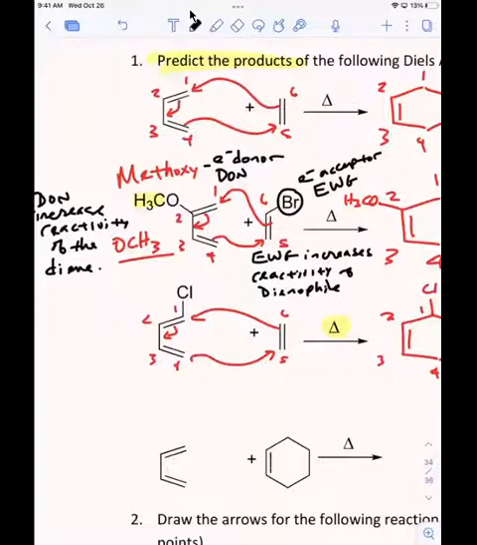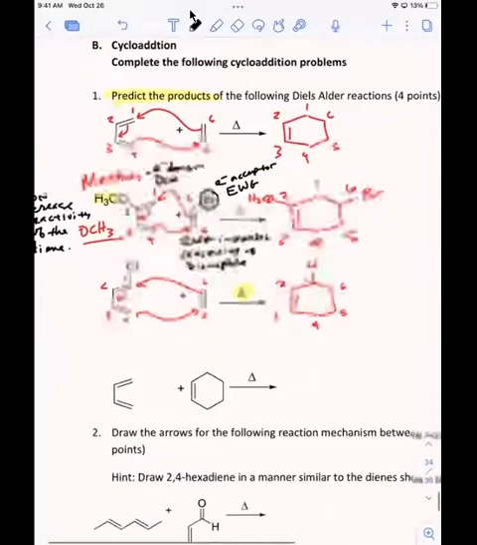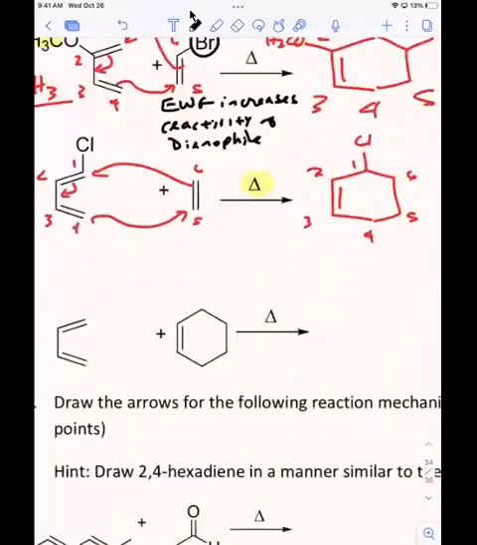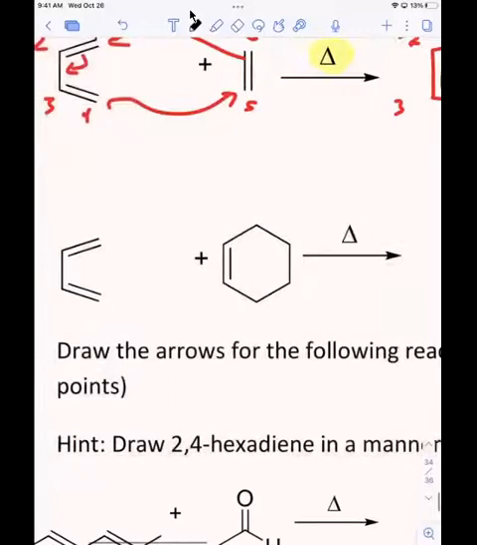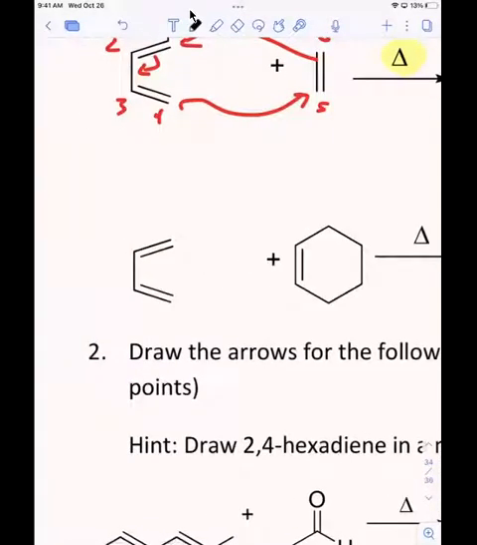All right, and then let's do the last one here. All right, somebody help me with that. I'll put the numbers in, you can put the arrows in, and then we're going to draw the product.